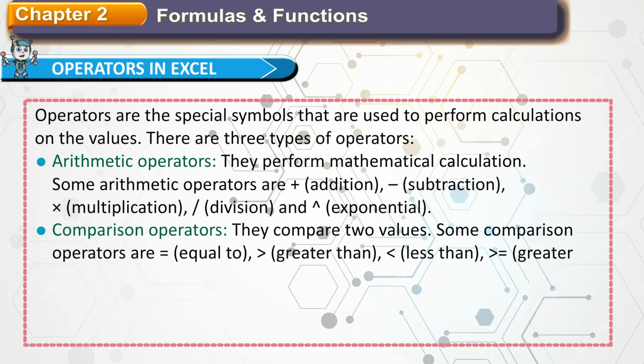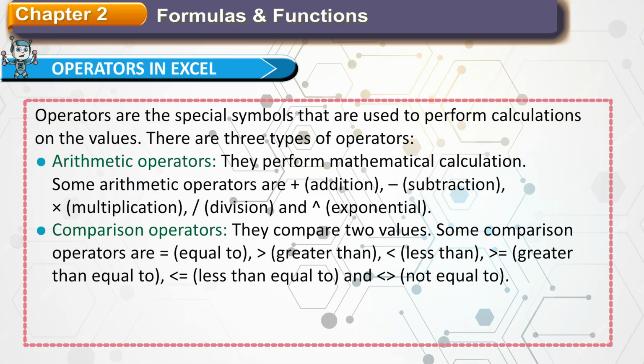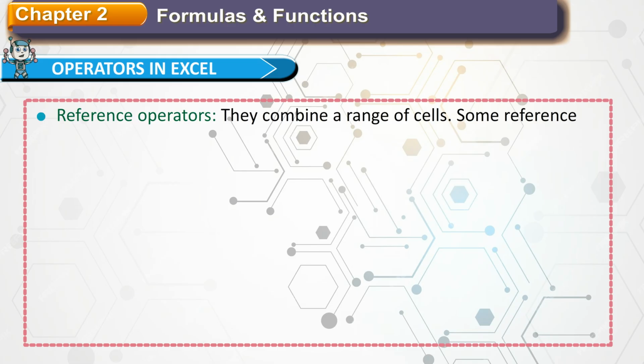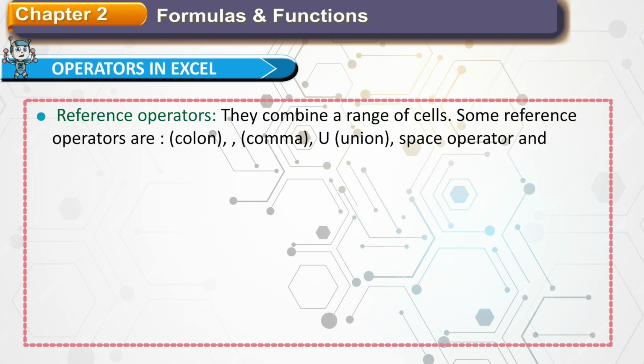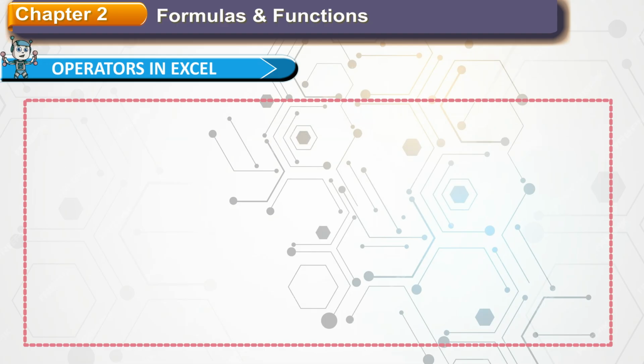Some comparison operators are equal to, greater than, less than, greater than or equal to, less than or equal to, and not equal to. Reference operators, they combine a range of cells. Some reference operators are colon, comma (union), space (intersection operator).